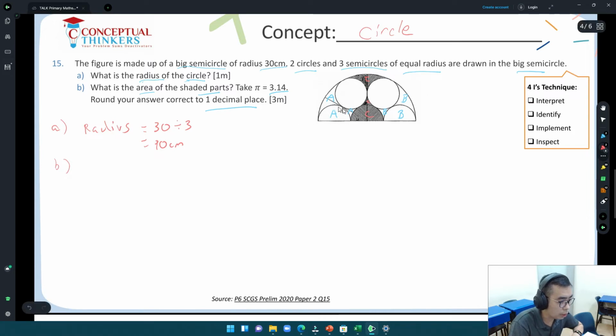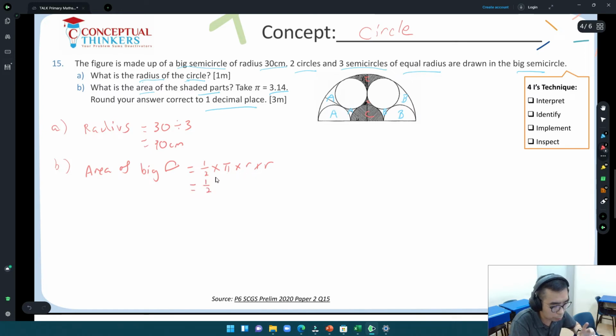Later I'll do some calculation to get this area. First thing I need to do is find the area of the big semicircle. The area of the big semicircle will be equal to half times pi times radius times radius. The radius is given by the question.